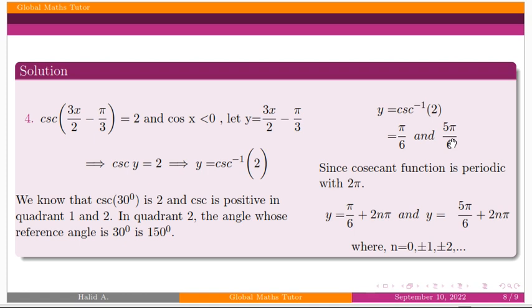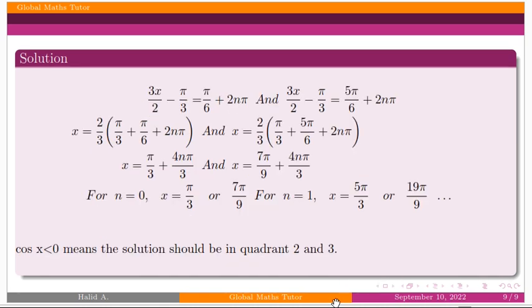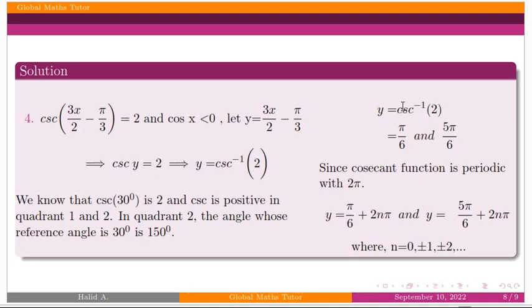Since cosec is a periodic function like sine with period 2 pi, the general solution for y will be pi over 6 plus 2n pi and 5 pi over 6 plus 2n pi, where n is an integer as usual. Then substitute y by 3x over 2 minus pi over 3.